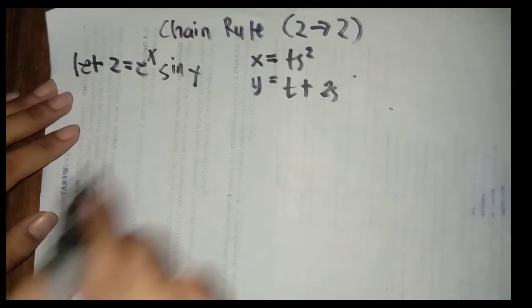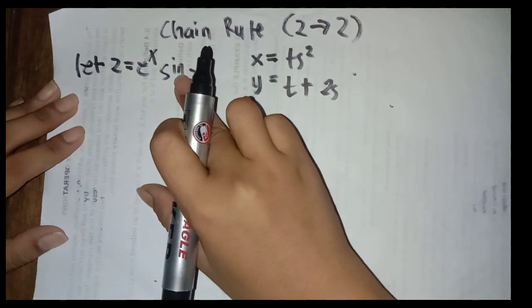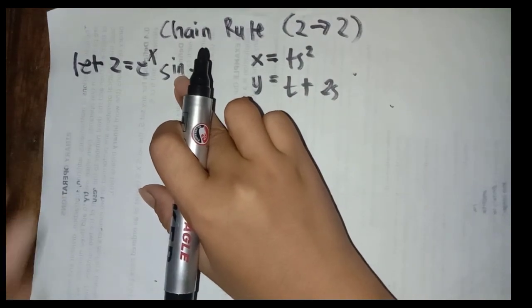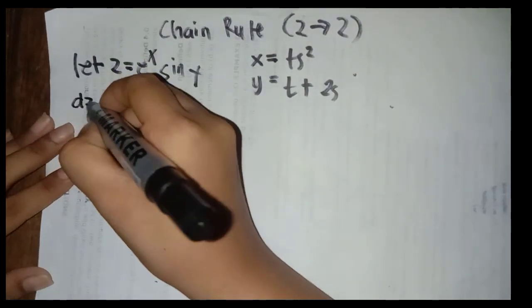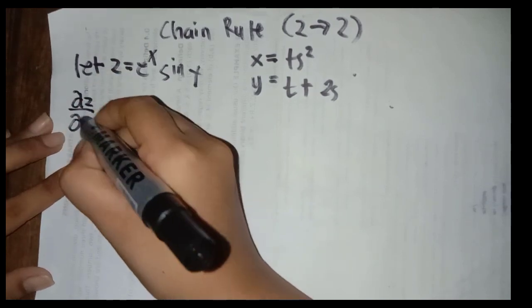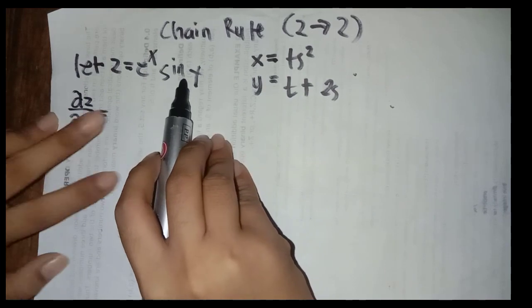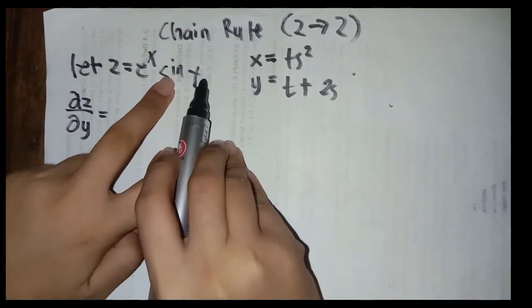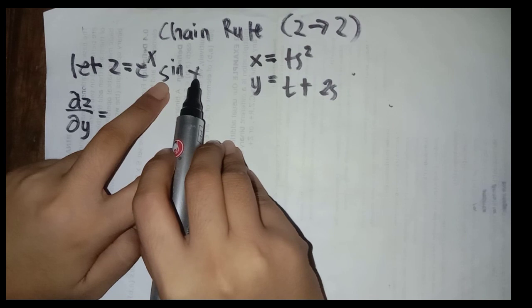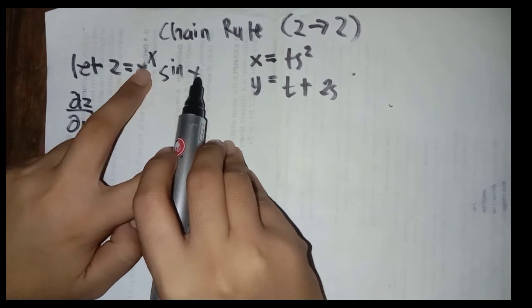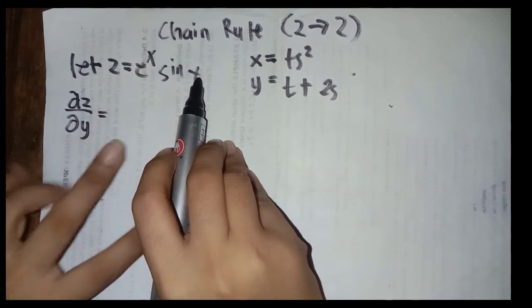So first, let's derive this part with respect to x and y. So delta z with respect to y: we derive this part with respect to y, we will get cos y, and then copy this because it will become a constant.